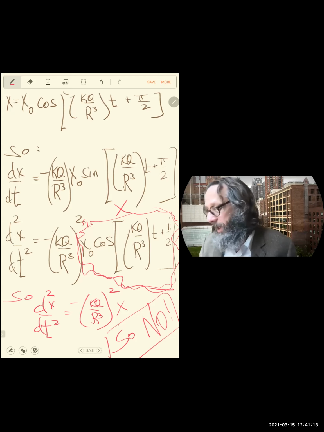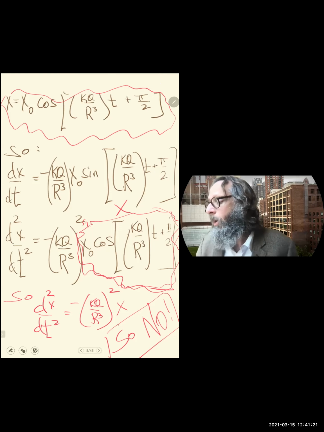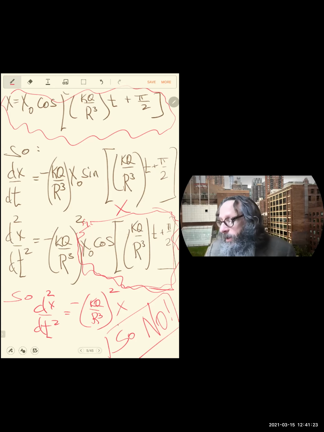What we're really doing each time we take a derivative, when we look at this original expression, we're using chain rule. We're viewing this expression as a function of a function. This is cosine of something. What's the something?